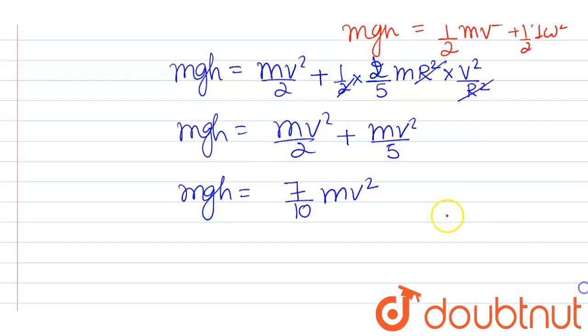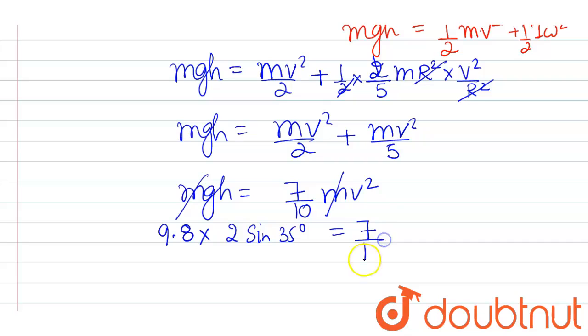Now putting the value here, cancelling m with m here, we get g is 9.8 and h can be written as 2 sine 35 degree is equal to 7 by 10 into v square.